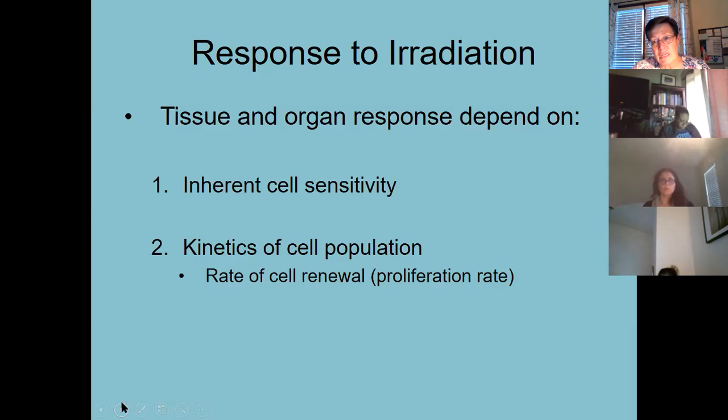The functional cells would be much more resistant to radiation damage because they are highly differentiated and they do not divide. So when we look at these three compartments of cells in a given tissue, the stem cells are the cells that are going to be mainly damaged by radiation, not the functional cells.